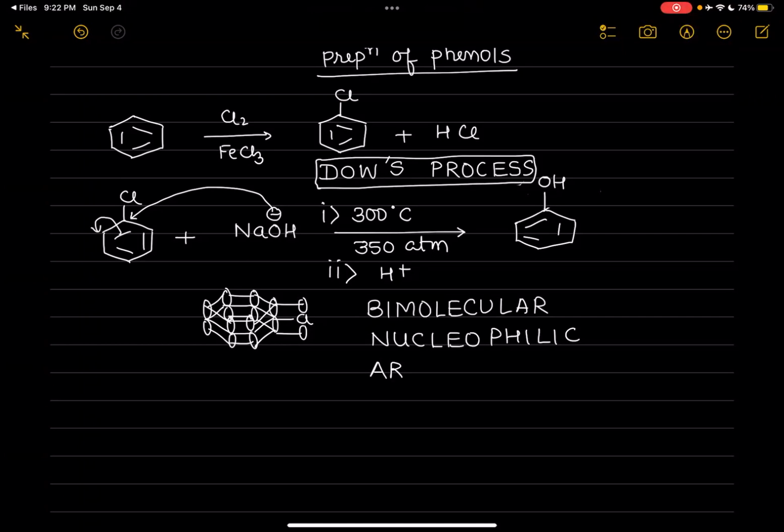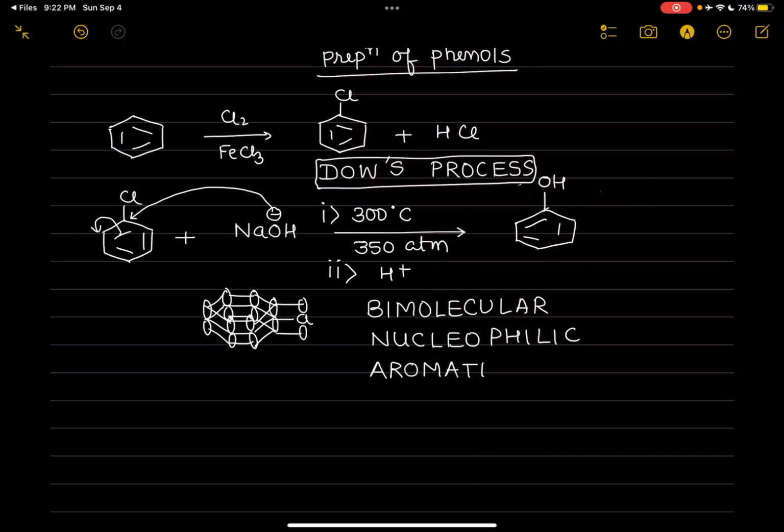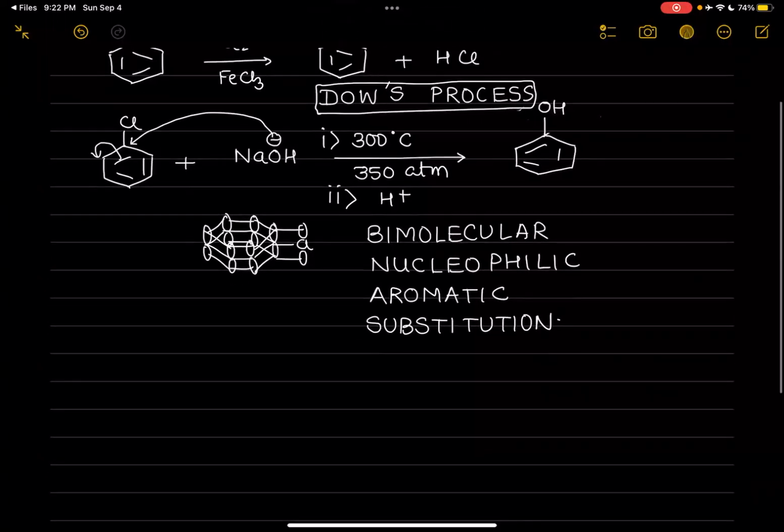So no, it is not SN1 or SN2. SN1 or SN2 reactions happen on the normal carbon group, alkyl halides. Okay. Yeah, Darshan, right?